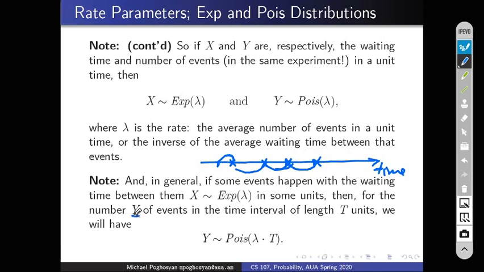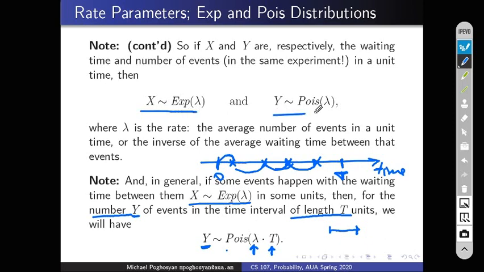Then if y is the number of events in the time interval of length t, say this is 0 and this is t, and I'm calculating how many events are happening here, if the waiting time for each event is given by this, then y, the number of events in an interval of length t, is Poisson with lambda times t. For unit time we have Poisson lambda, exponential lambda.